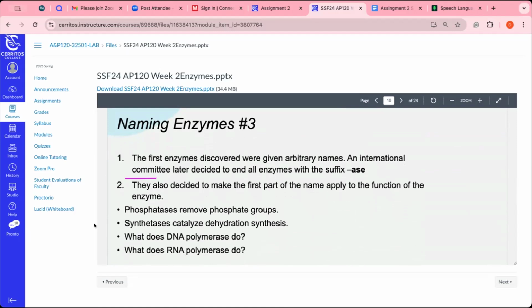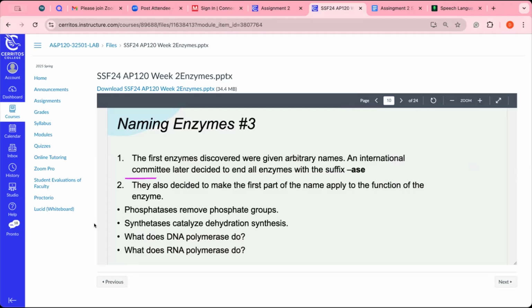They also decided to make the first part of the name apply to the function of the enzyme. So phosphatases. Phosphate is the first part of this word. Phosphatase removes phosphate groups.